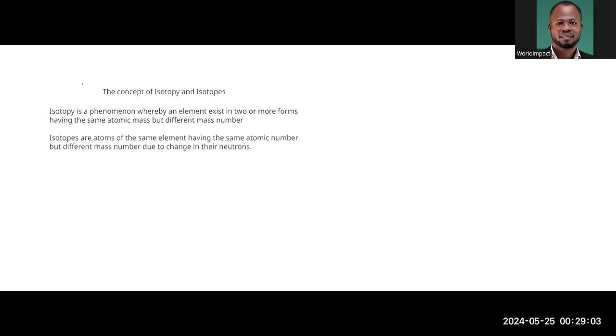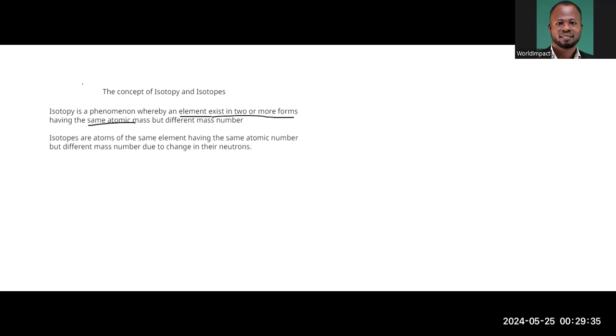Isotopy is a phenomenon whereby an element exists in two or more forms, having the same atomic number but different mass number.